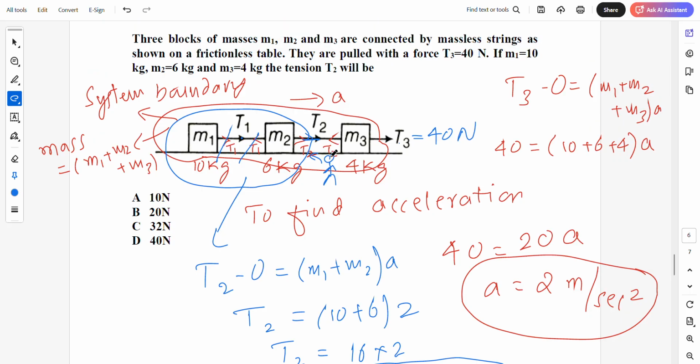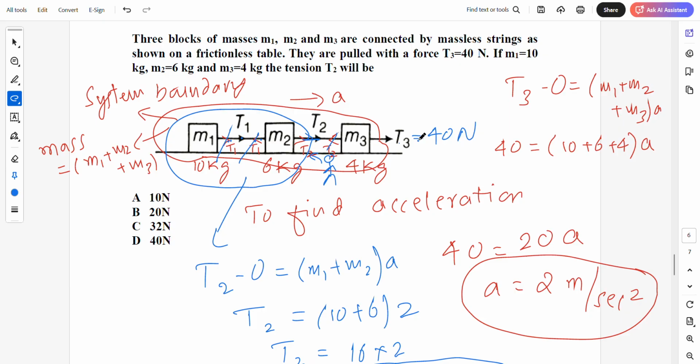When you stand here and look on the right hand side, there are two forces. It is a tough job. Therefore, I will look at only one force. If I stand here, again take a system boundary, these two internal forces get cancelled. To calculate A, if I take this system boundary, all the internal forces get cancelled. Only the external force T3 will be there.